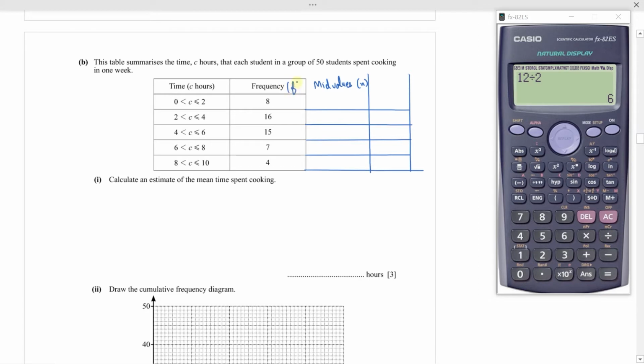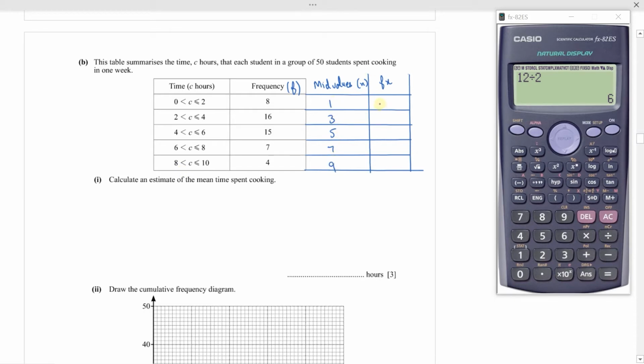Let's call frequency f, and here I will write f times x. What are the mid values for these class intervals? Here your interval is 0 to 2. The mid value is 2 plus 0, which is 2, divided by 2, so 1. 4 plus 2 is 6, divided by 2, you get 3. 6 plus 4 is 10, divided by 2, you get 5. This is 14, and then you get 7. And here you have 18 divided by 2, which is 9. So 1, 3, 5, 7, 9.